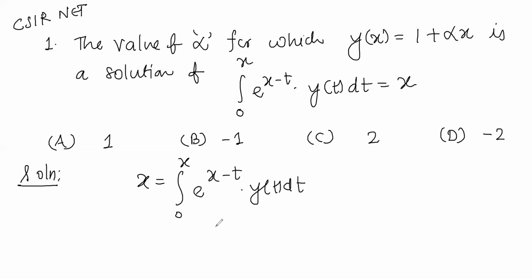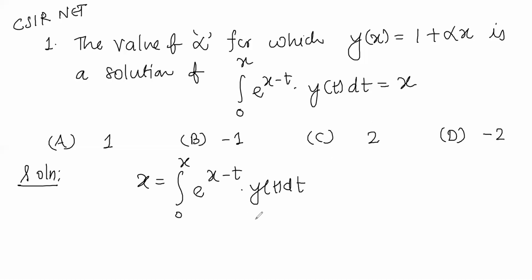Now I know that y of x equal to 1 plus alpha x is a solution. So that means I can either put 1 plus alpha x here and solve this equation, or I can think of applying some other method and find out the answer.